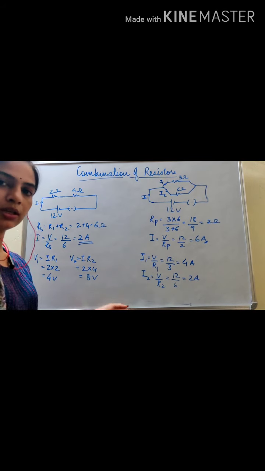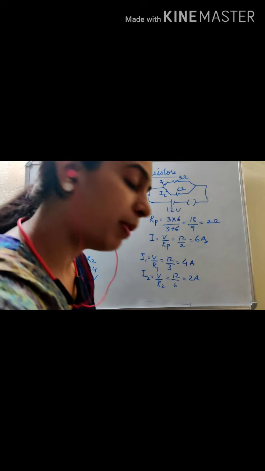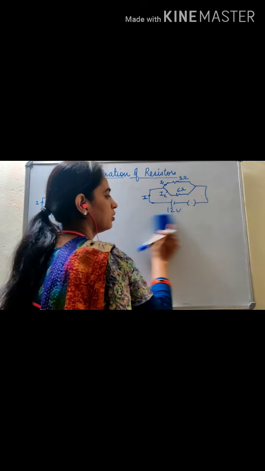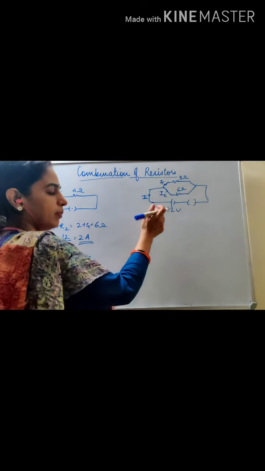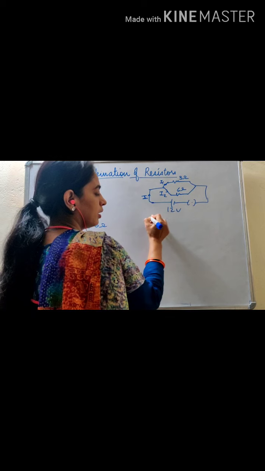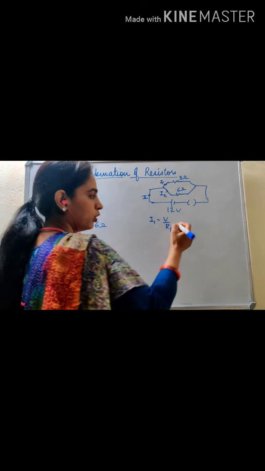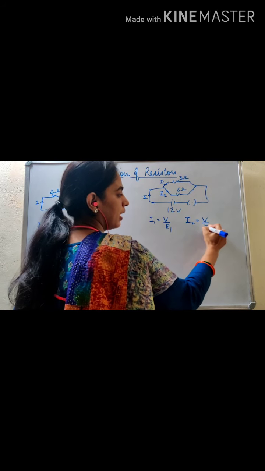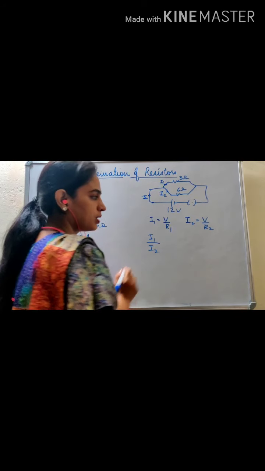I'll give you a trick or a formula to find the current in the parallel combination. If you have a parallel combination network and you have to find the current in each branch, then see, we have I1 is equal to V by R1, for the 2 resistances, and I2 is equal to V by R2. So if we divide these 2 equations, what will be?